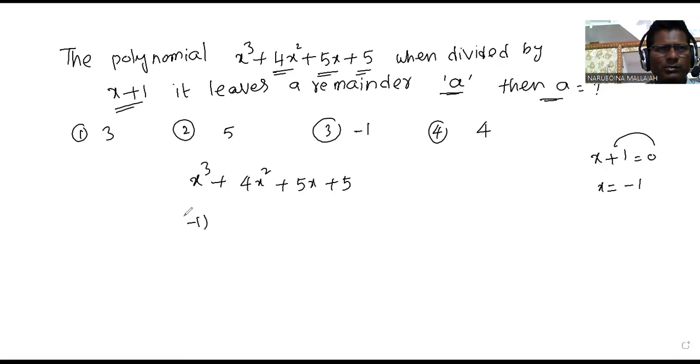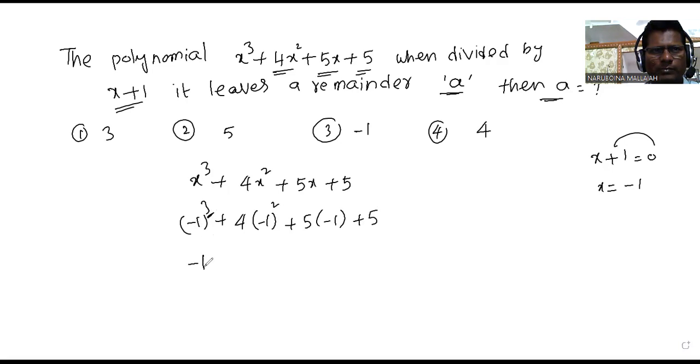So (-1)³ + 4 into, in the x place, write (-1)² + 5, in the place of x write (-1) + 5. See, if we have -1 in brackets, here an odd power is given. 3 is an odd power, so for odd powers we get -1 as it is, plus 4.